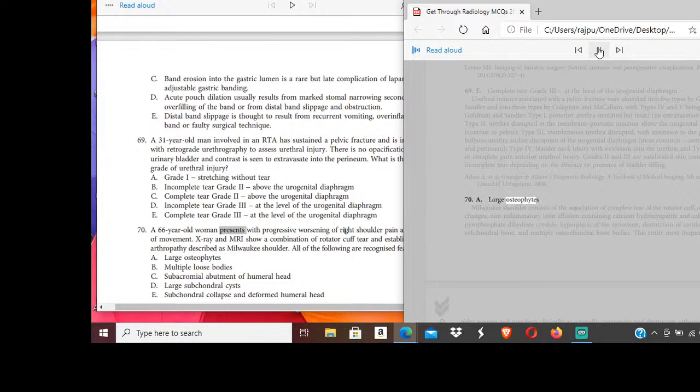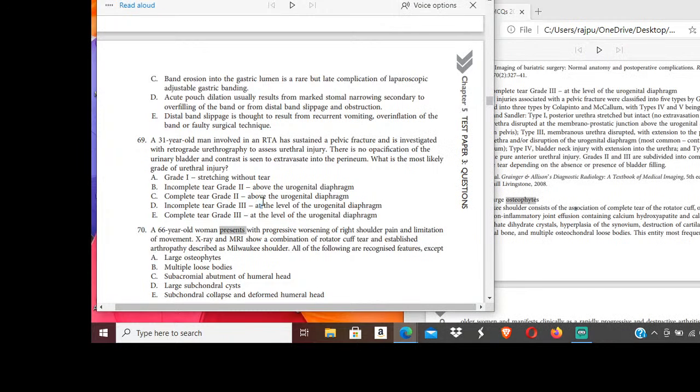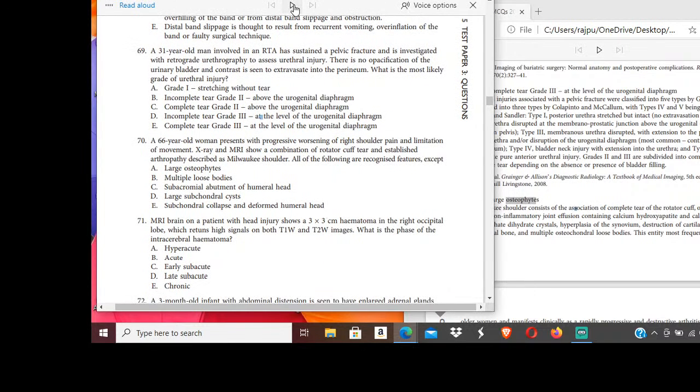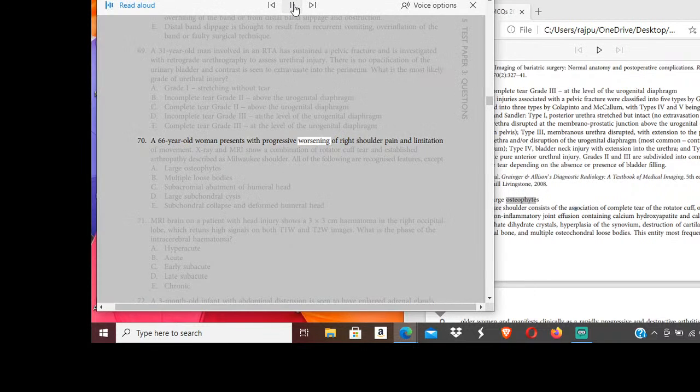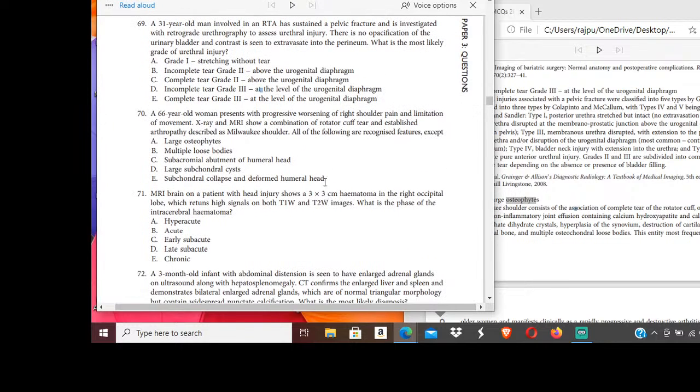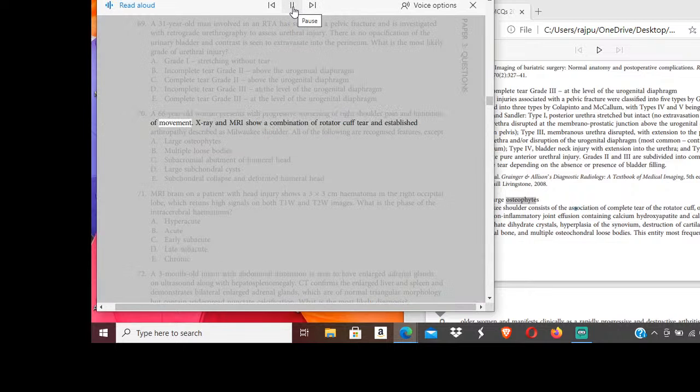70. A. Large osteophytes. A 66-year-old woman presents with progressive worsening of right shoulder pain and limitation of movement.